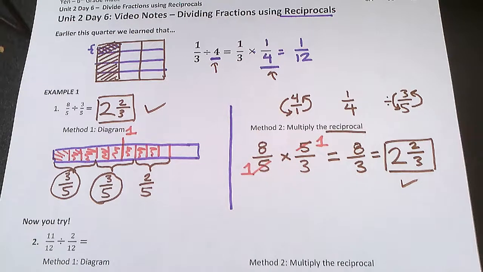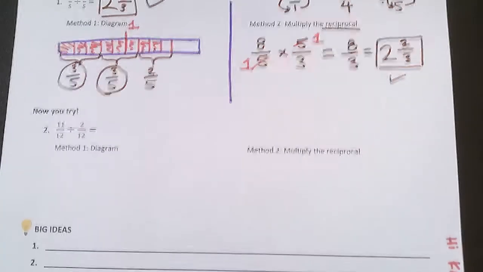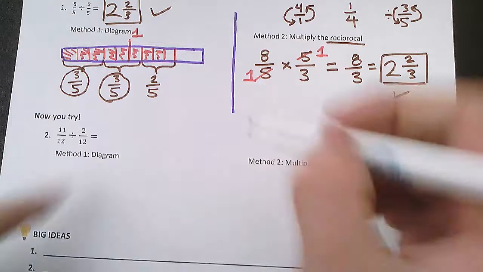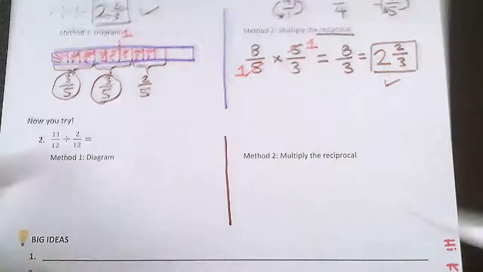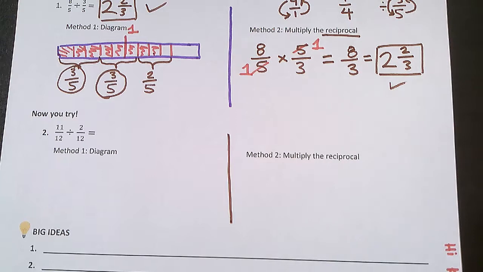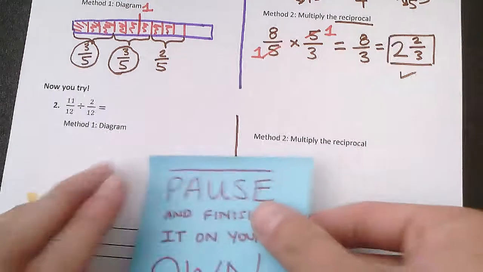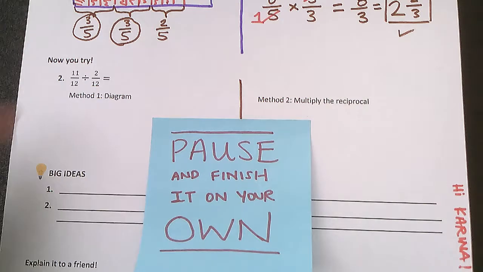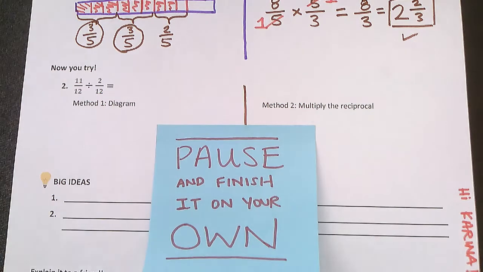Now that we've tried this one together, I want you to now try number 2 using both methods. Draw a diagram for it, find the answer, and then try using the reciprocal method. So let's, you guessed it, pause, and then finish number 2 on your own. Do that right now.